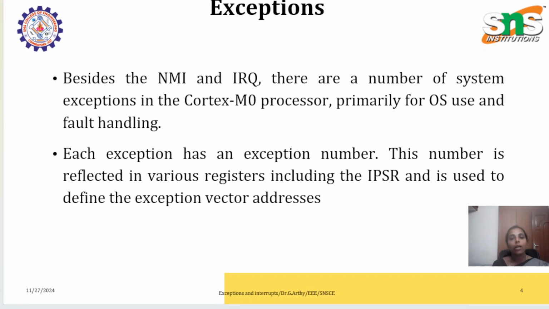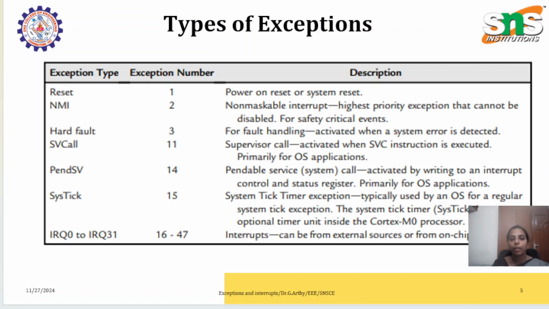Here 32 exceptions can be handled by ARM Cortex-M0, and for every interrupt, an exception number is given. That exception number plays a major role in prioritizing the interrupts and their execution.